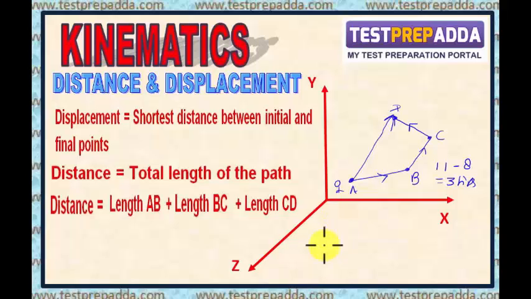So if we fix the initial and final points, then it does not matter what path you adopt to reach point D from A. You can reach like this, like this, like this, like this.